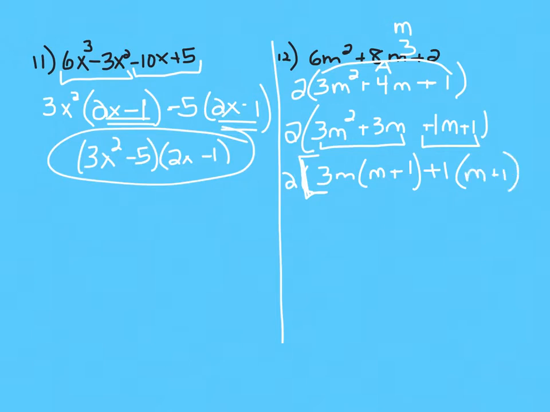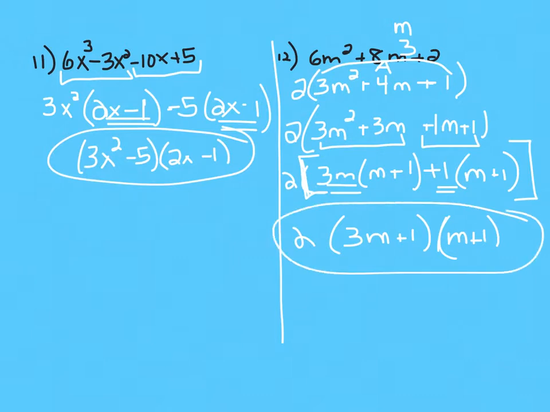Okay, so close up the parenthesis, and then I'm going to close the bracket. Now I'm going to take this 2 and just bring it right down. And I'm going to group together what's on the outside of the parentheses, the 3m plus 1, to make my next factor. And then I'm going to write this common binomial of m plus 1 as my final factor. So there's the answer to number 12.